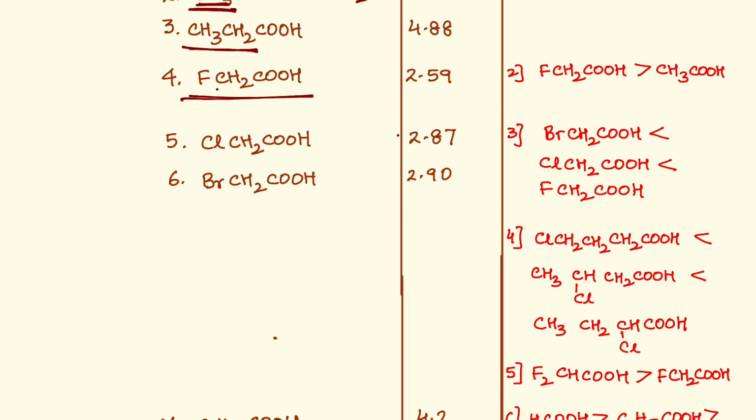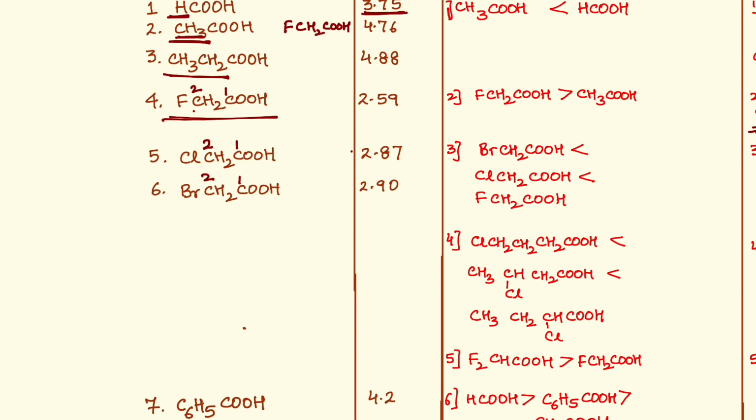Where do you start numbering from? 1 and 2. Yes, so this will be 2 chloroethanoic acid. Same way, 2 bromoethanoic acid, 2 fluoroethanoic acid, and so on. So when we see the pKa values, fluoro is 2.59, chloro is 2.87. What has happened to the acidic character?